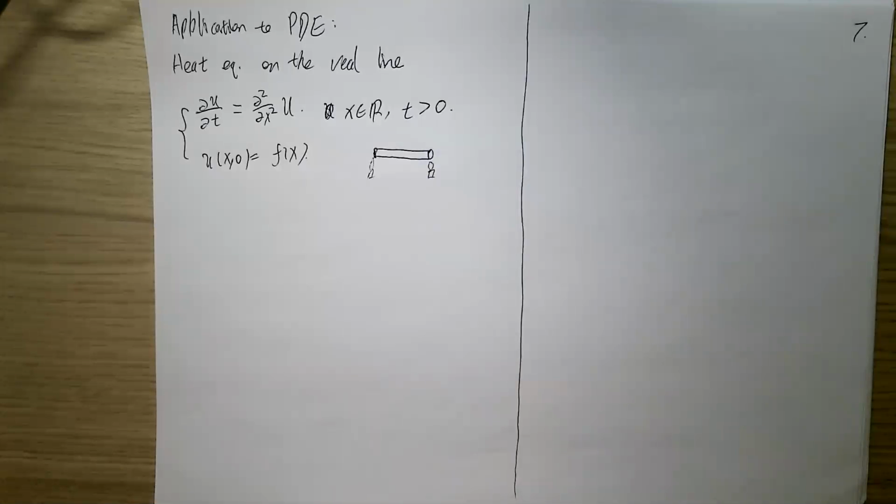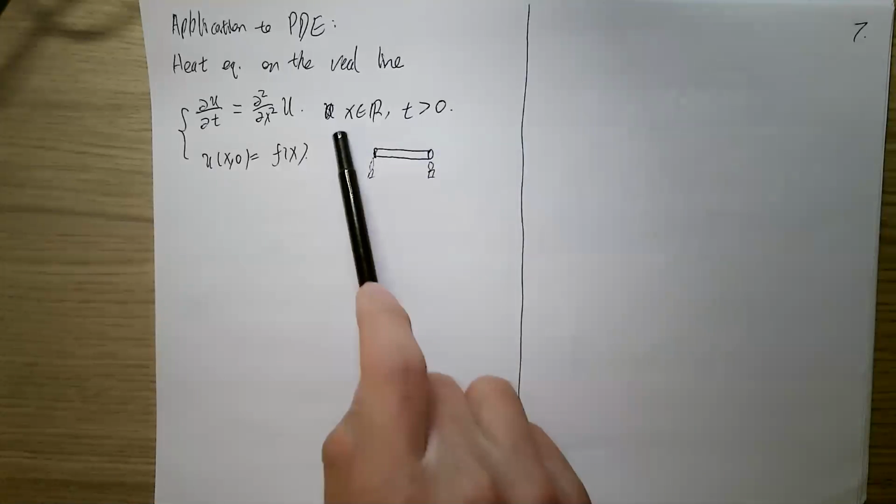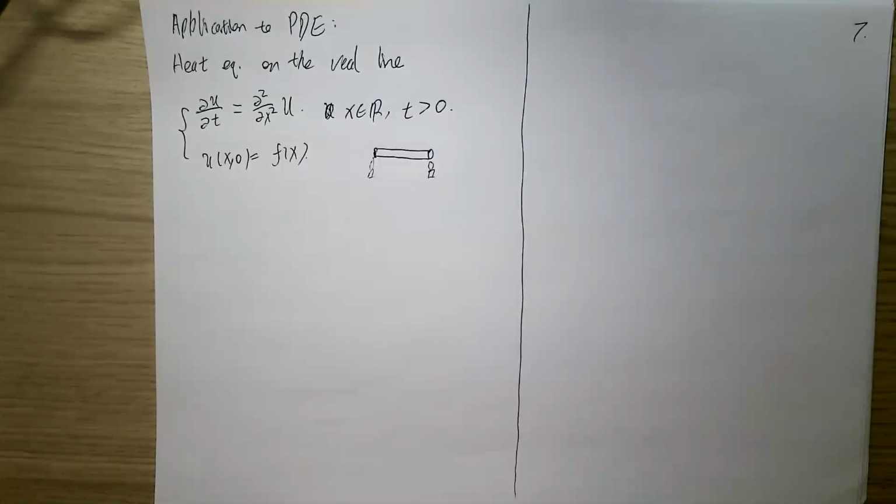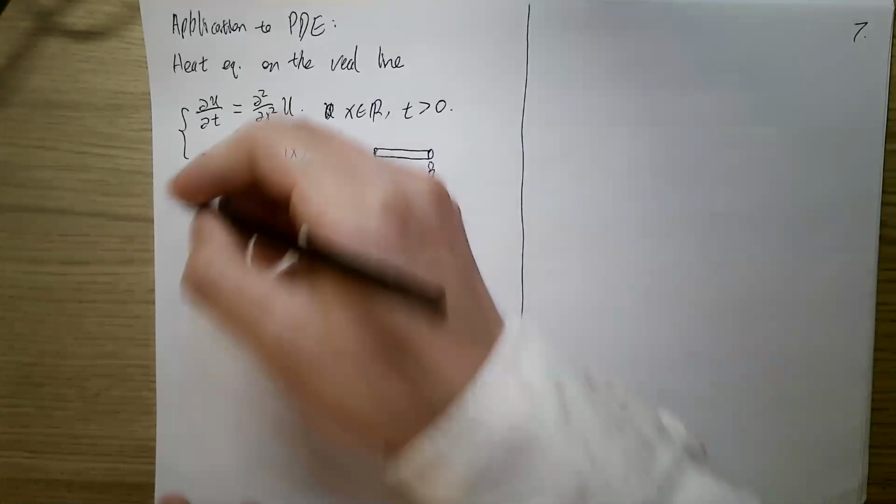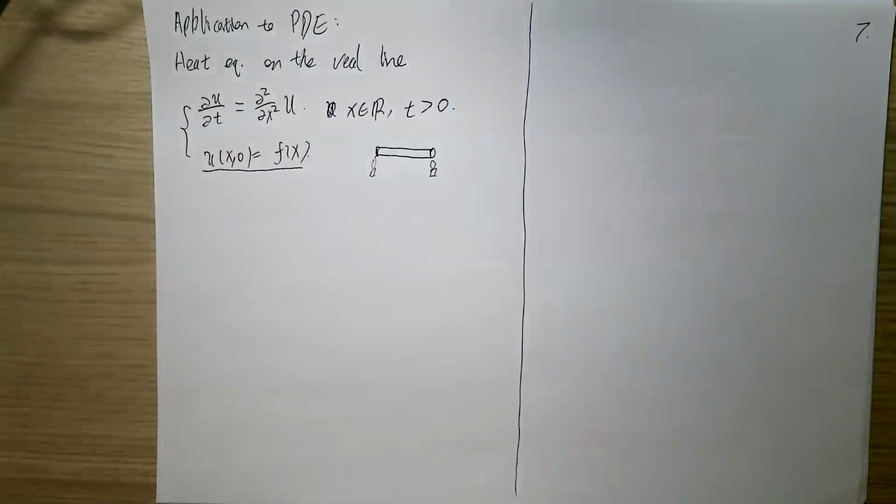But now, if we are interested in a function defined on the whole space, with initial value defined on the whole real line, then we may not be able to approximate u in space by some periodic function. But instead, we can use, again, something like a good kernel, something like the Poisson kernel, the so-called heat kernel.